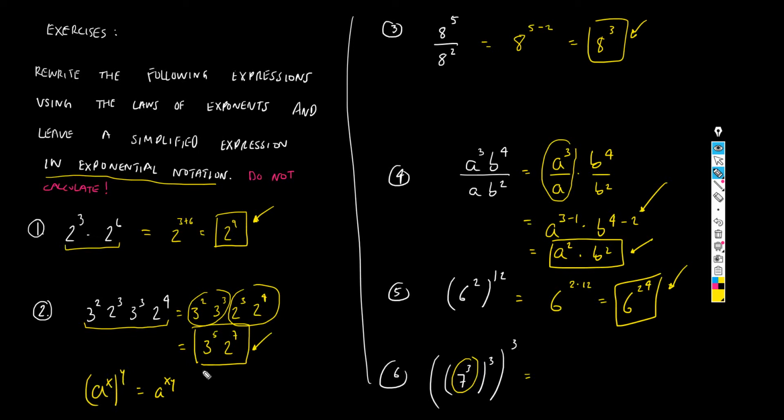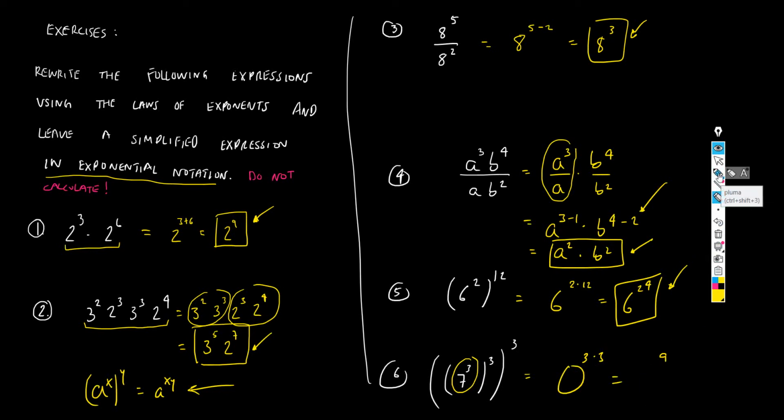a to the x to the y. Circle to the 3 to the 3. So according to this rule, I should have circle to the 3 times 3, which is equal to circle to the 9, right? But what is circle? Circle is 7 to the 3. So I might as well substitute back into what I defined circle.